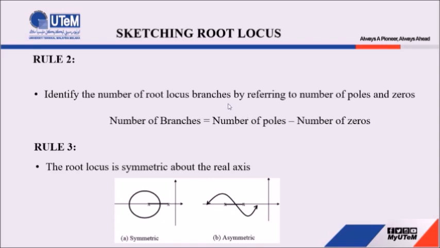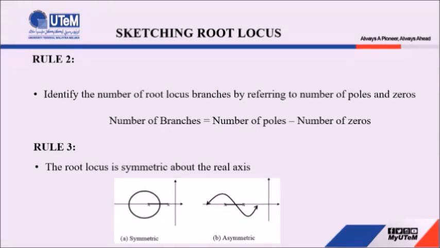If we have a system without zeros, for example a system with three poles, that means the number of branches is equal to 3, because the number of zeros is 0. By using this formula, the number of branches becomes 3 minus 0, that's why the number of branches is equal to 3.